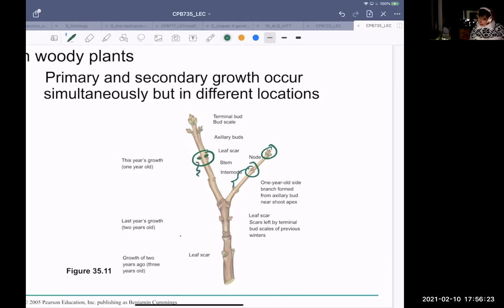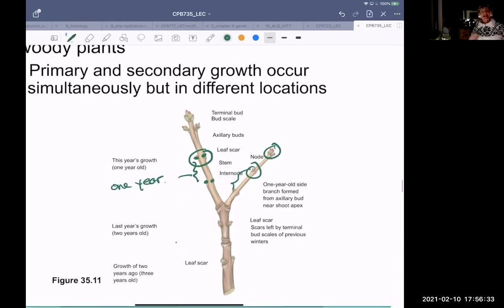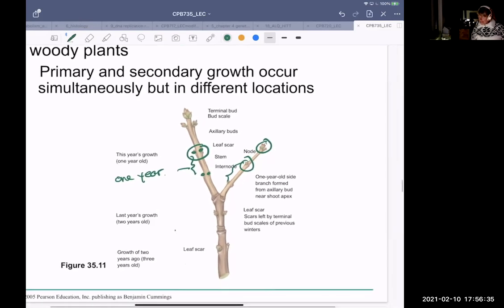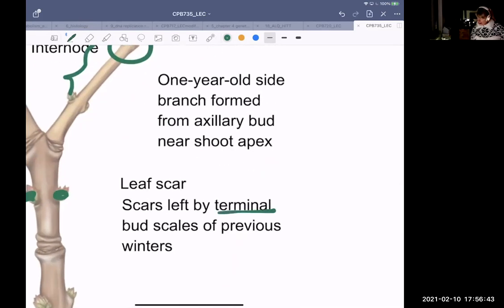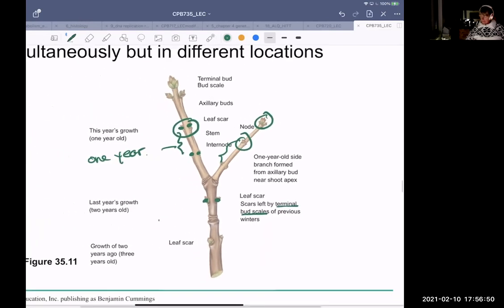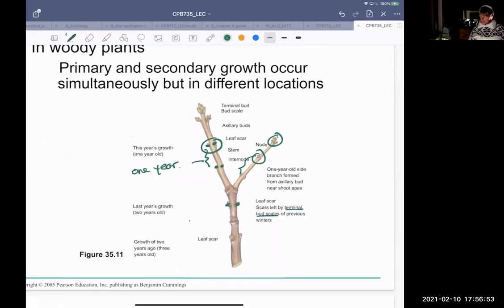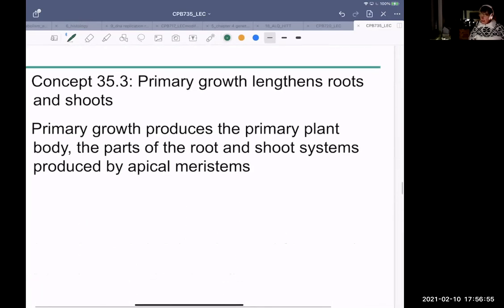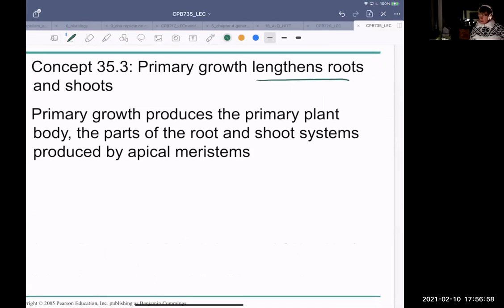But between nodes, there are leaf scars, and you can tell that this is a 1-year growth. So that's how you can tell the age of some plants by looking at their leaf scars. These are scars left by terminal bud scales from previous years, winters, when the leaves fell off. So primary growth lengthens roots and shoots.